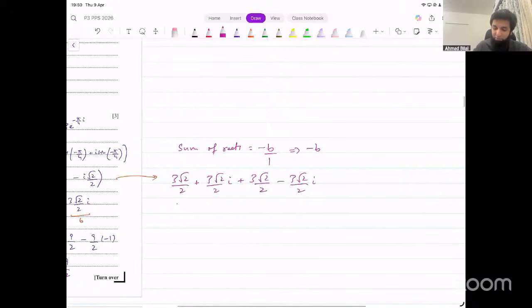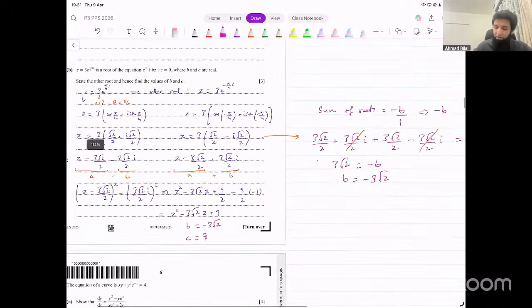When you add both of those roots, the result should equal negative b. Now these two get cancelled and you're just left with 3 under root 2, which equals minus b. So the value of b turns out to be minus 3 under root 2. You can find the value of b like this.